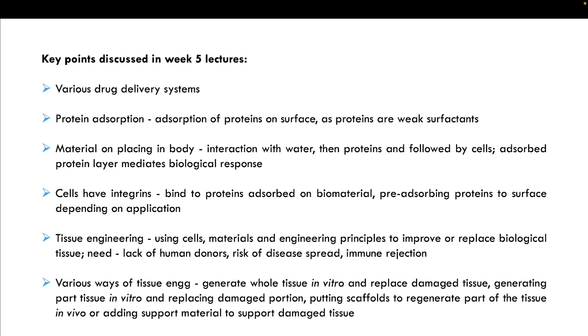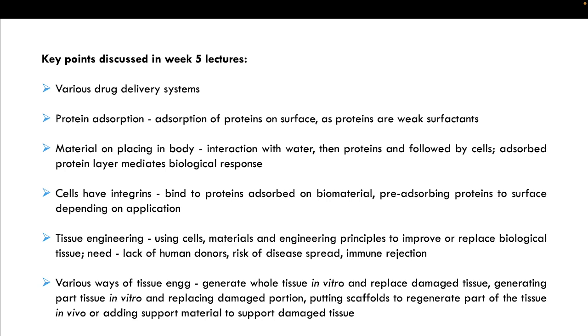The liver has a lot of regeneration capacity. So let's say part of your liver is damaged, you don't have to replace the entire liver. You can just replace the damaged part and then take advantage of the liver's regenerative capacity to come back to its normal function. Or it could be putting in scaffolds to regenerate part of the tissue in vivo.